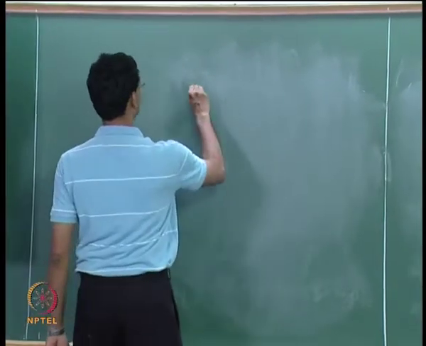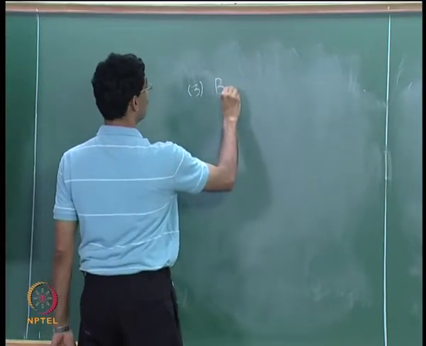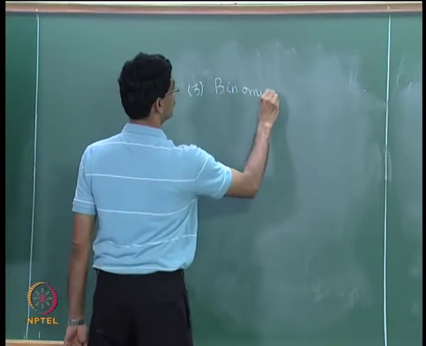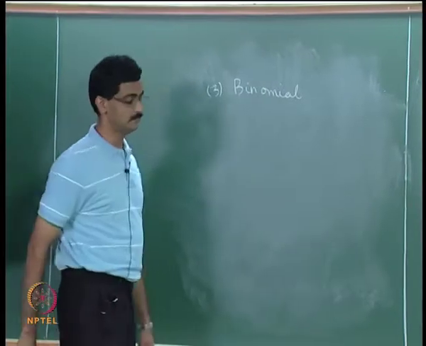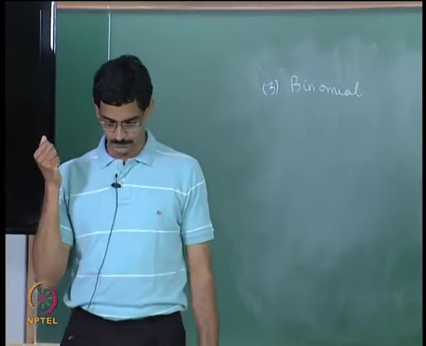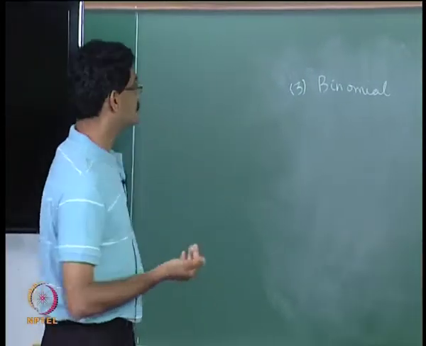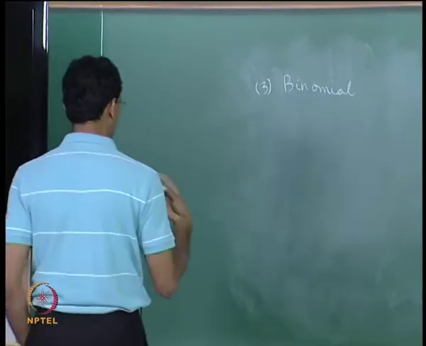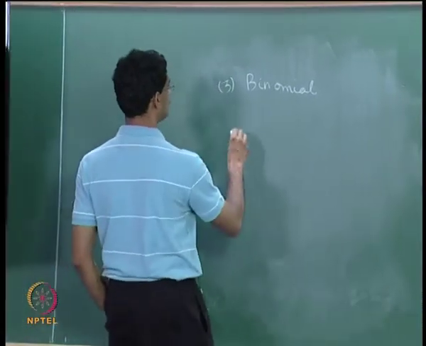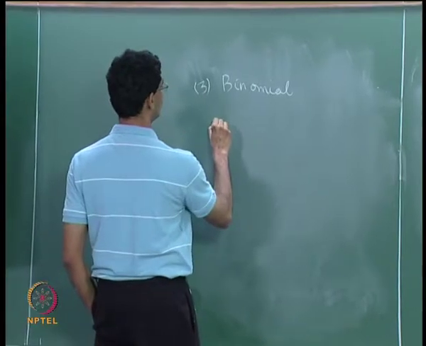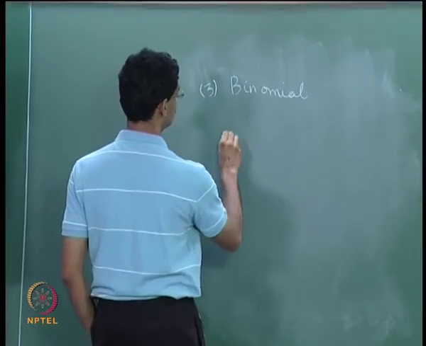Then your third variable is your binomial, where again I do repeat Bernoulli trials, right.